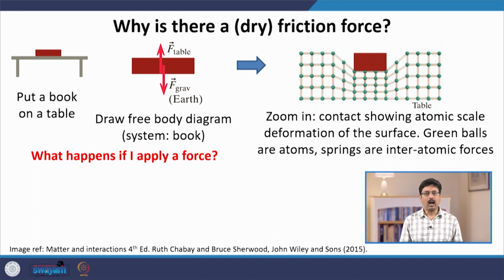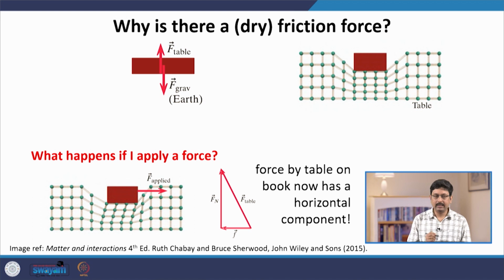Now, let us ask this question: what happens if I apply a force in the sideways direction? Here is a schematic picture of that. If I put a force, like shown by this red arrow, in the sideways direction on the book, then there will be further distortion in the atomic arrangement of the table.